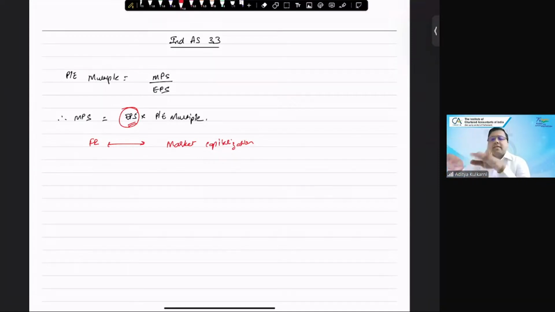Okay. So now when I calculate my EPS, from whose standpoint is it calculated? Is it from the standpoint of the preference shareholders? Is it from the standpoint of equity shareholders? If I have multiple classes of equity shares, is it from the standpoint of these multiple equity shareholders? What does the EPS number calculate?